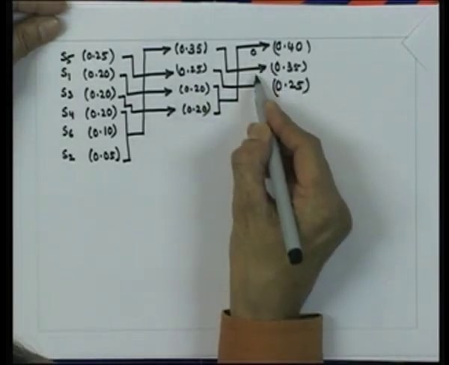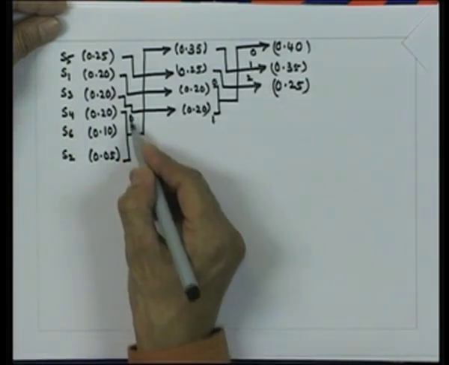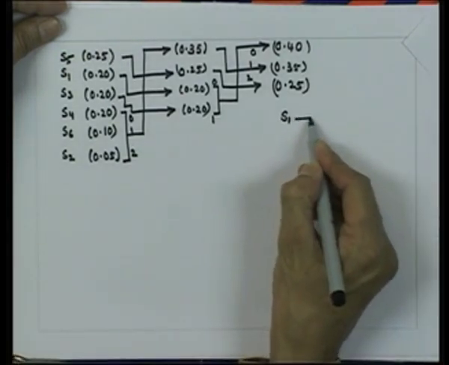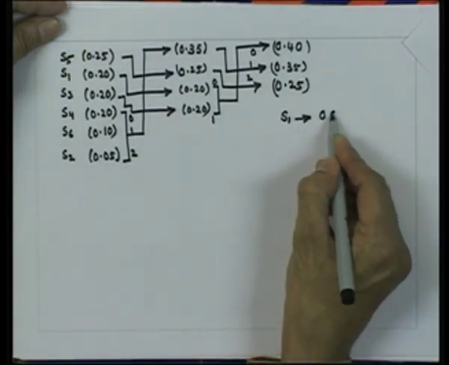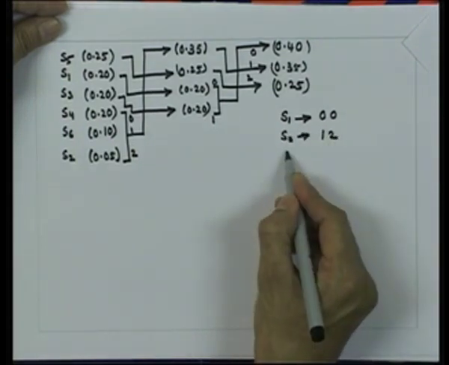So, if I allot 0, 1, 2, allot 0, 1, 0, 1, 2 and get the source code, each symbol would be given as follows.